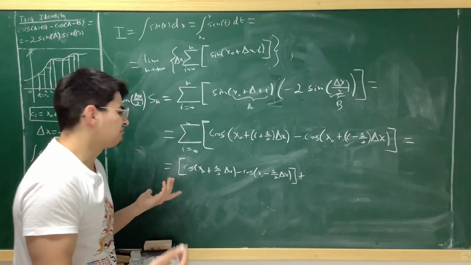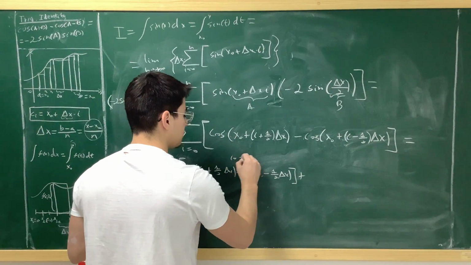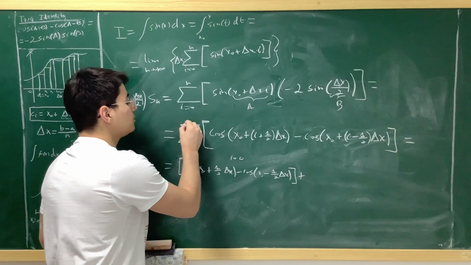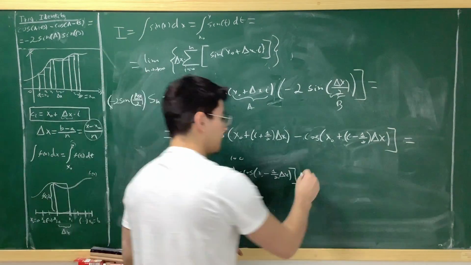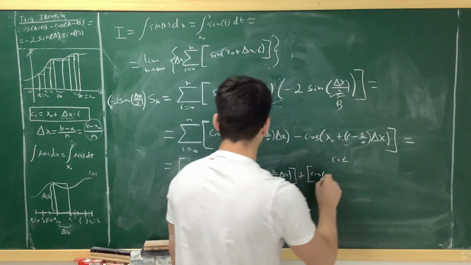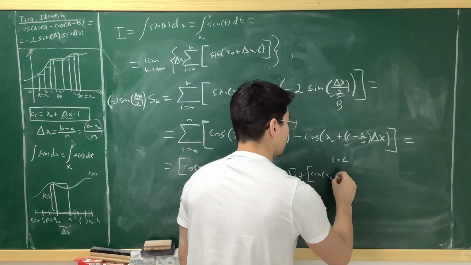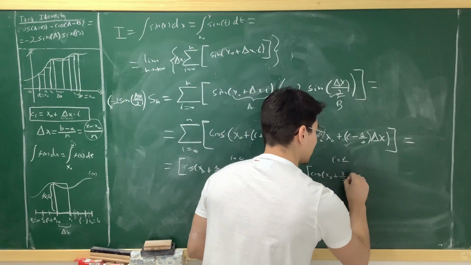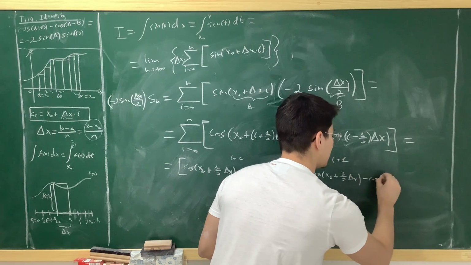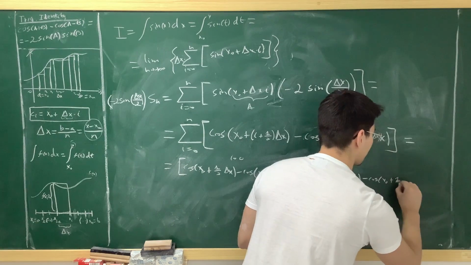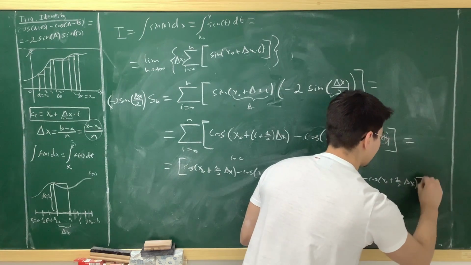So far it doesn't seem like anything new or helpful, but if we go to the next term, i equals 1, we get the cosine of x naught plus, 1 plus 1/2 is just 3/2, delta x minus the cosine of x naught plus 1/2 delta x.